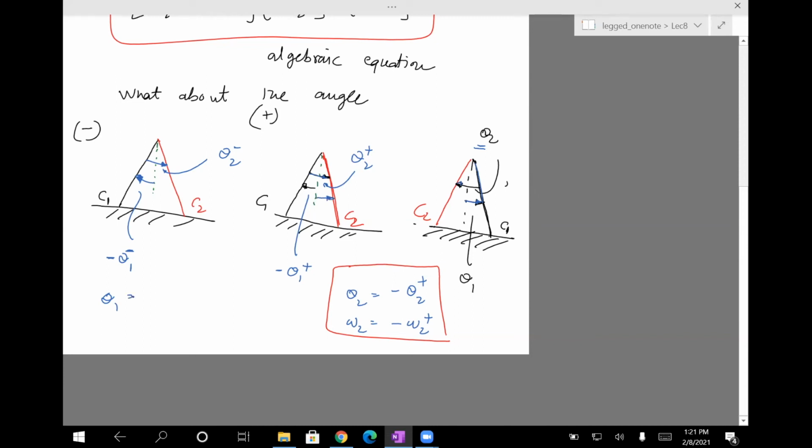For that, we need to take theta 2 positive, which is this way, and then subtract from it theta 1, whatever angle is here, which is theta 1 positive. So it is a negative. So it's theta 1 plus theta 2 positive. And so if you want to find omega 1, it's going to be omega 1 positive plus omega 2 positive.